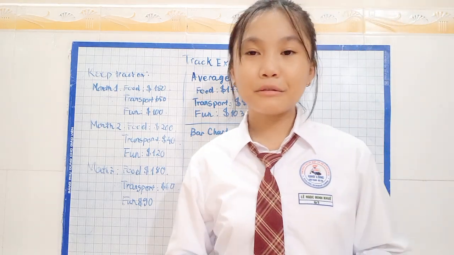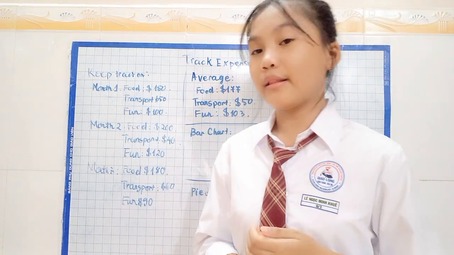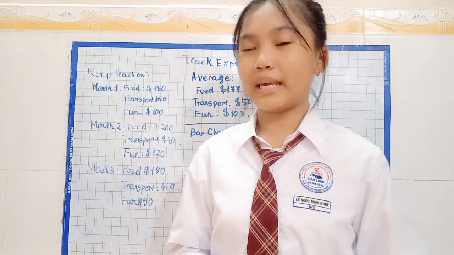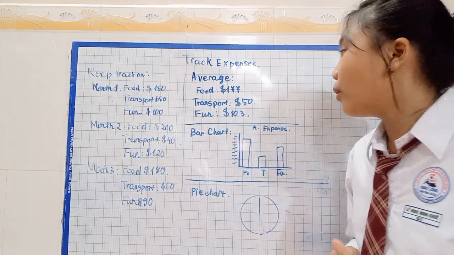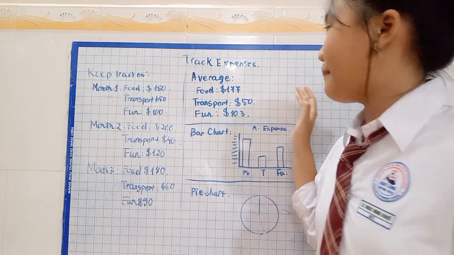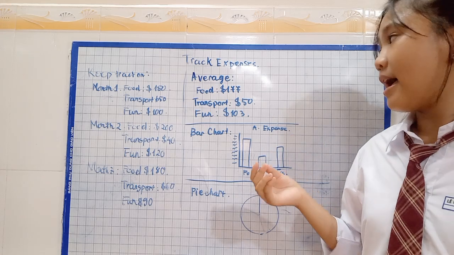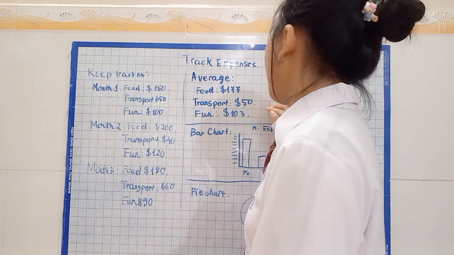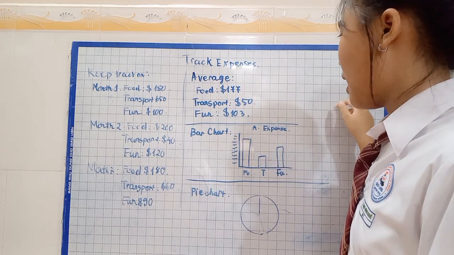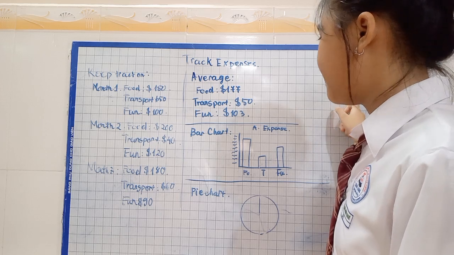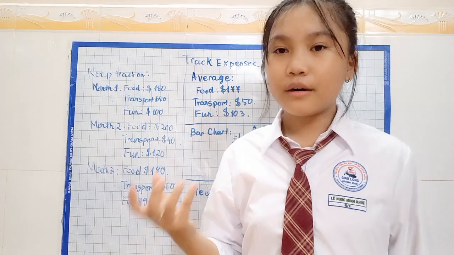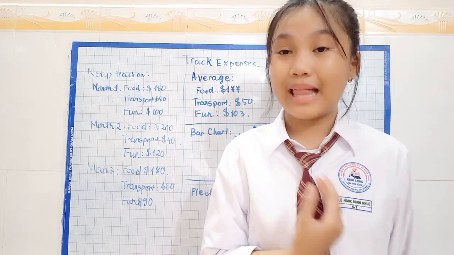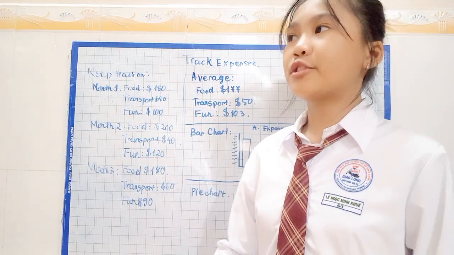Now, how do these ways of handling data help us with our decision making process? Let's say we now know the average amount of money that we spend each month. When we add it up, it is roughly about $230. Let's say our total allowance for a month is $250.